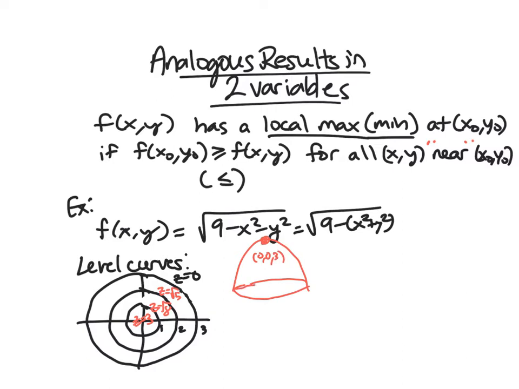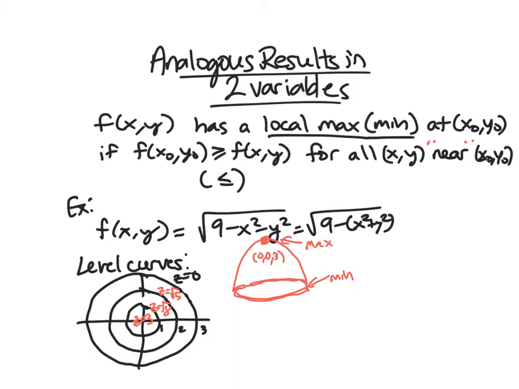And then all of these guys are at z equals 0 and the circle of radius 3 on the xy plane. So we see a pretty clear max, and then all of these would be mins, so around this whole circle. But how do we see this in terms of our definition, right?